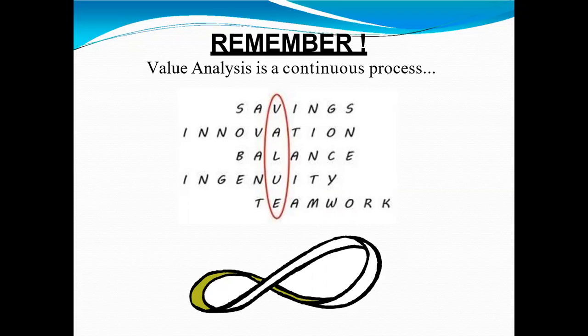If you do it once and say, yes, I am satisfied, I have done it once, so there is no need for further value analysis, that is wrong. You have to do it repeatedly. After every 3-4 years, at a certain cyclic time, we can go for the value analysis process.